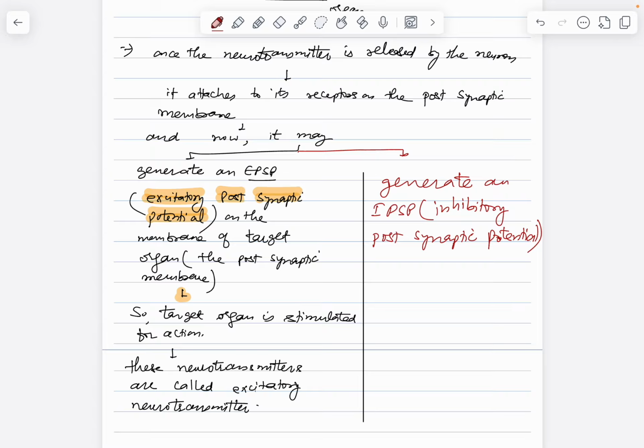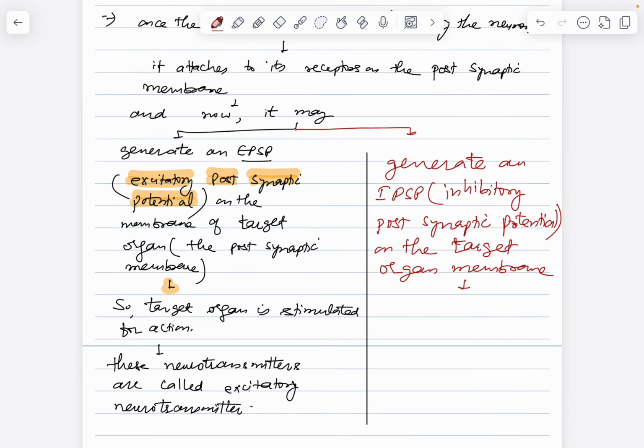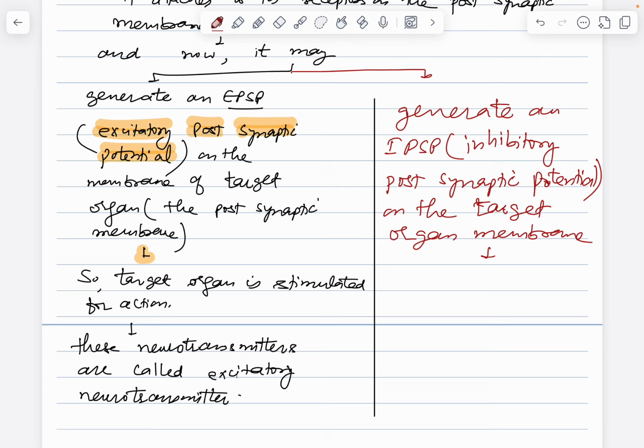So once the neurotransmitter generates an IPSP on the membrane of the target organ, we will notice that the target organ will not act at all. If there was an action already going on, that will stop, or if there was an action that is supposed to happen, that will not happen.